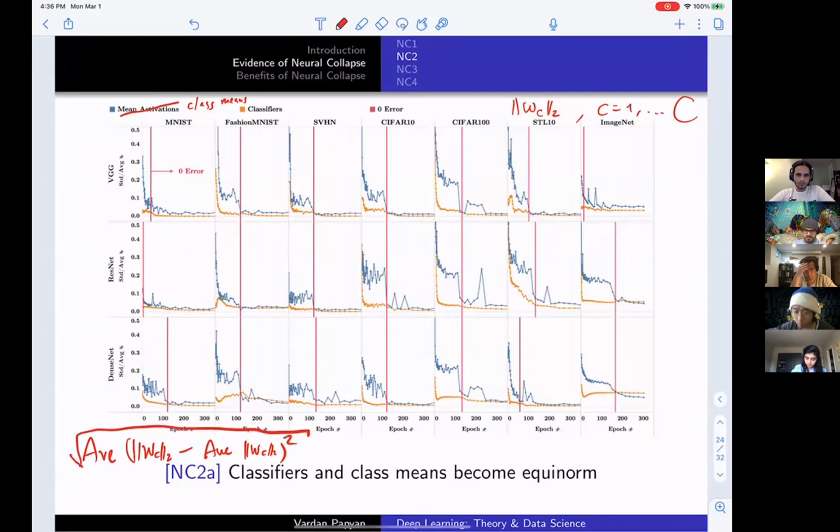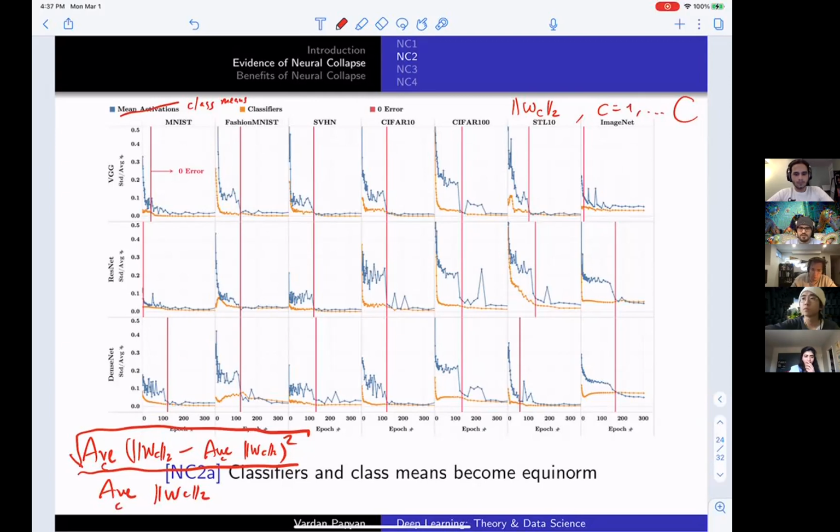Do you remember standard deviations from probability? So this is the precise definition. And the average in all cases is over the C index. Is this more clear or less clear?